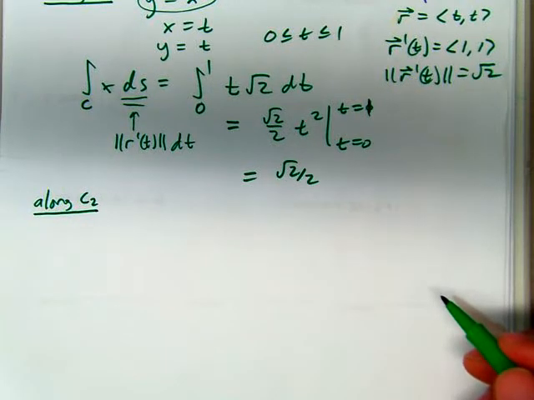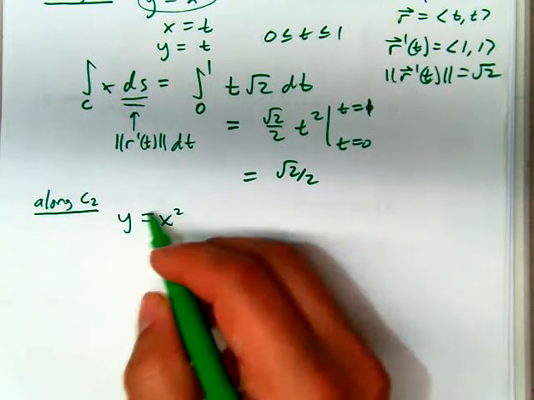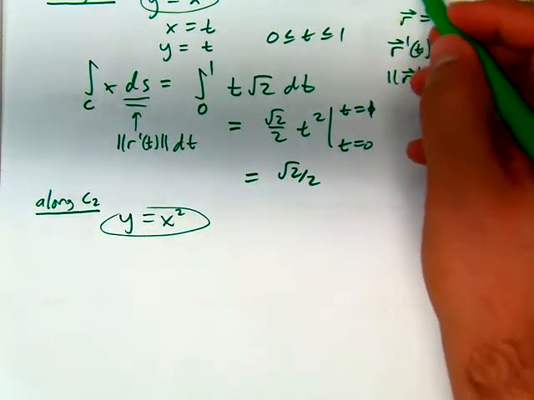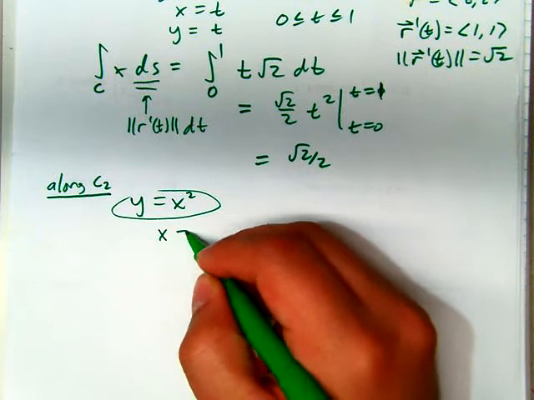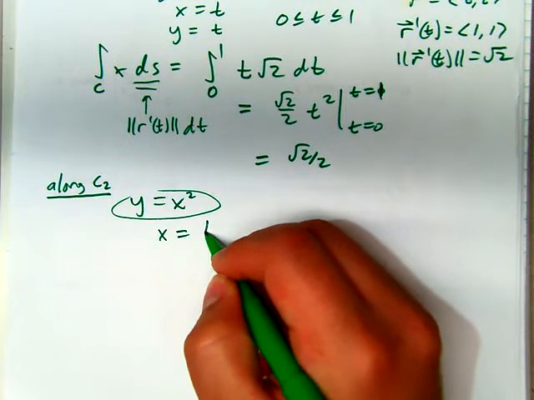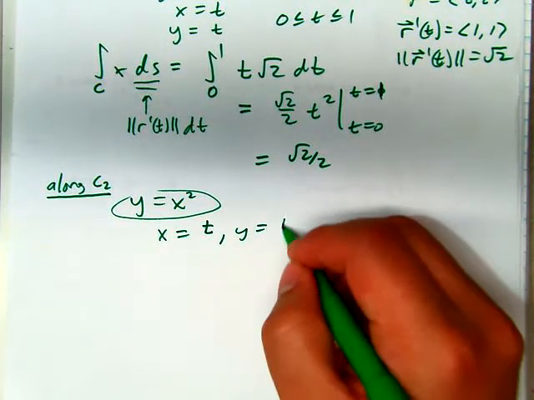okay, so now we have y equals x squared as the path on the way back. So I'm going to say let's let x equal t and y equal t squared.